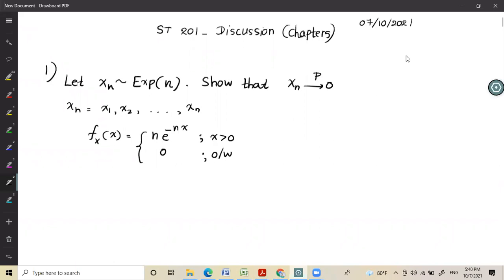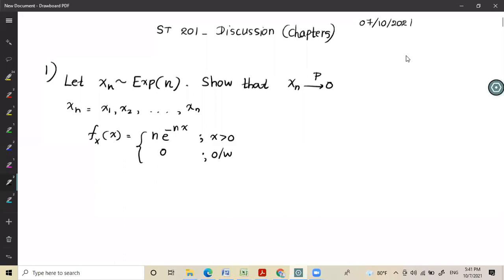They are PDFs, and sometimes the moment generating function also. So there's no need to memorize the PDF of the exponential density or any other distribution. Sometimes the PDF will be given in the question itself. If not, it will be available as supplementary information.